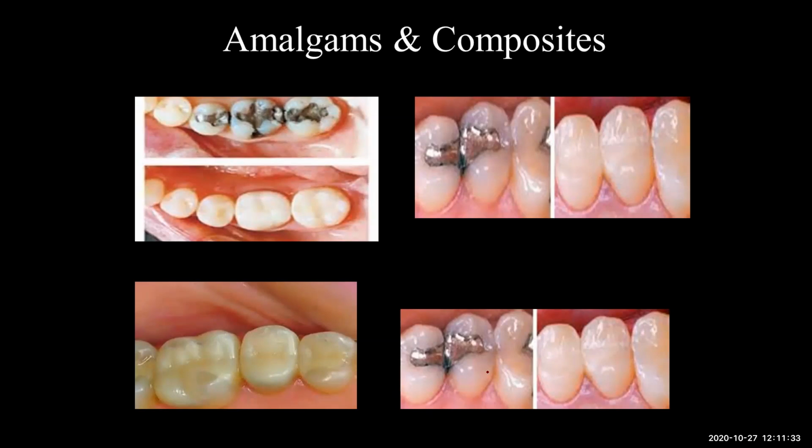With the composites, we're calling them more restorations. Silver fillings have been around forever. And you can see that there is a fracture in the silver filling here. An MO. This is a DO with a buccal. Another DO.